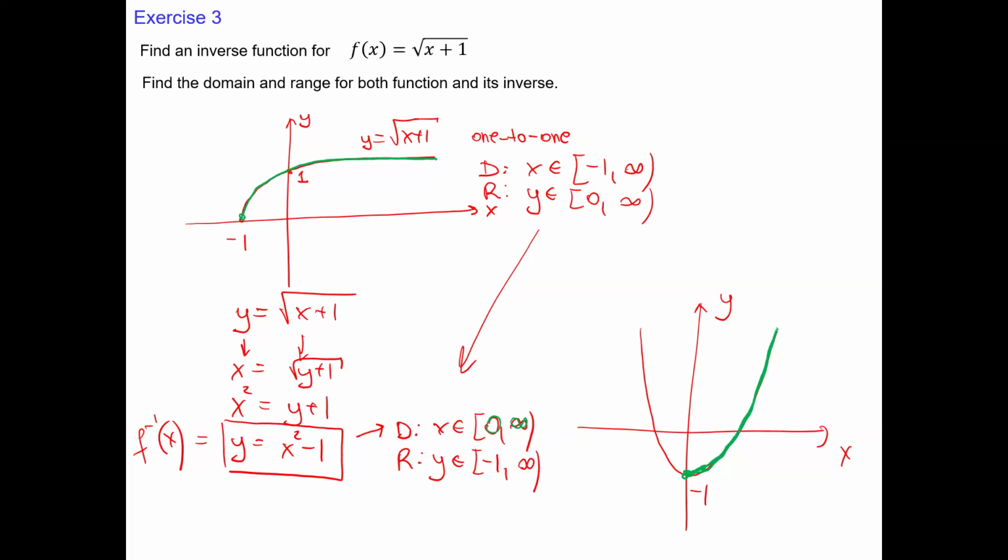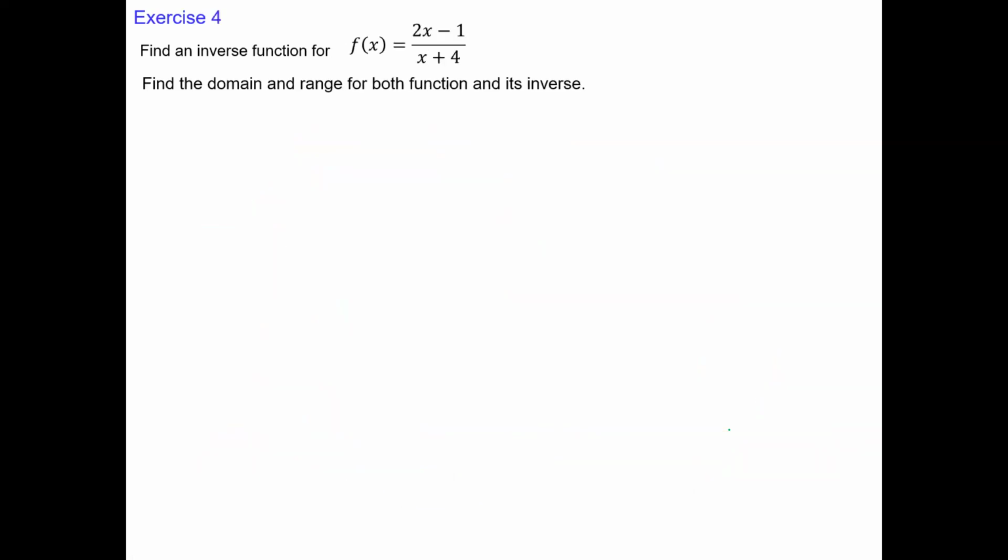If we draw them in one xy plane, they will be symmetric with respect to y equals x. Okay, that's the reason we have to interchange domain and range. That's the graph. It's x squared minus 1, but not the entire parabola.